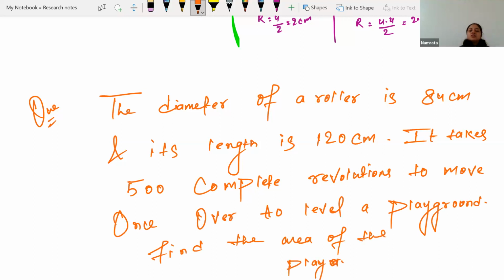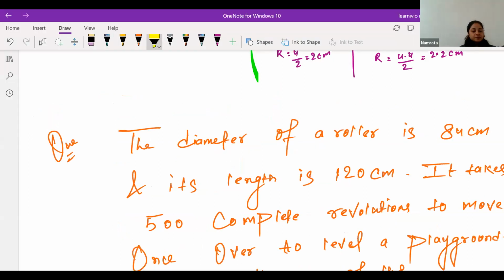This one is also very simple. Only one trick is there. Okay, here it says that we are having the diameter of a roller. Now how does a roller look like? The roller looks like a cylindrical shape. Let me show you. This is how the cylinder will look like. Okay, a roller.